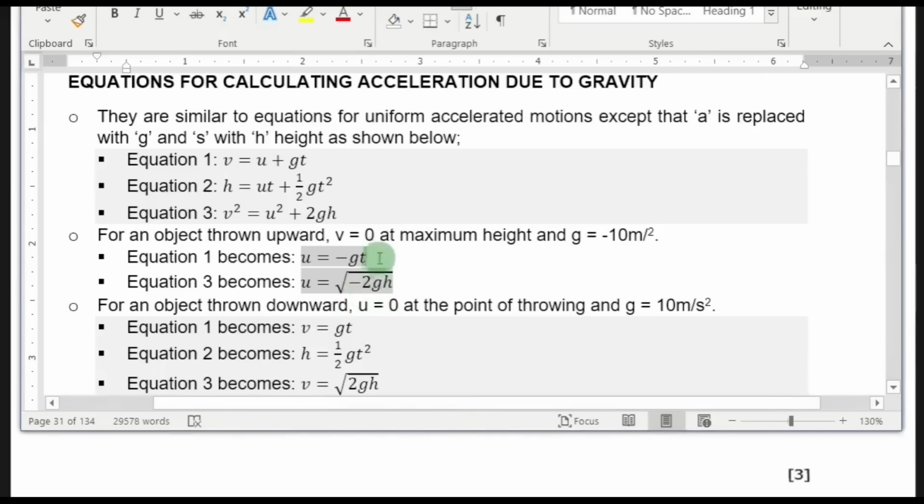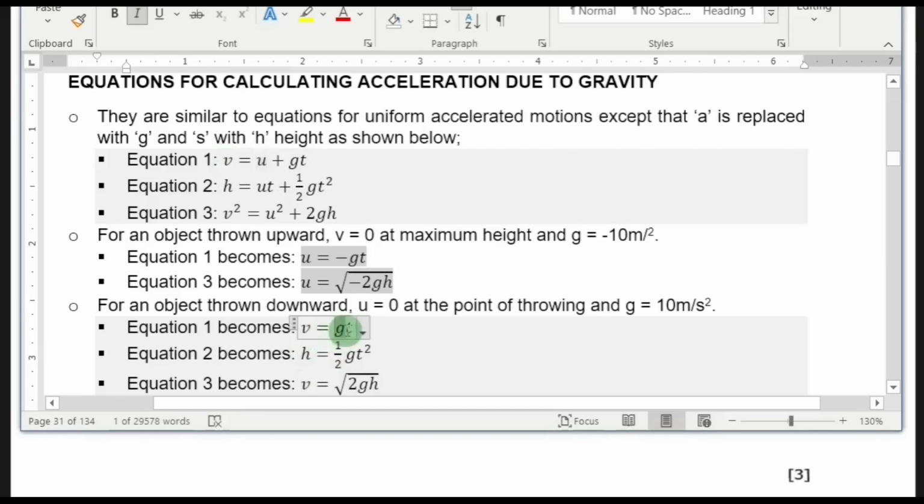So this time around we are using this formula here. So this formula has become this one here. All right, so it has become this formula, because if it is falling, then this initial velocity becomes 0. So if you put 0 there, naturally this formula reduces to v is equal to gt.